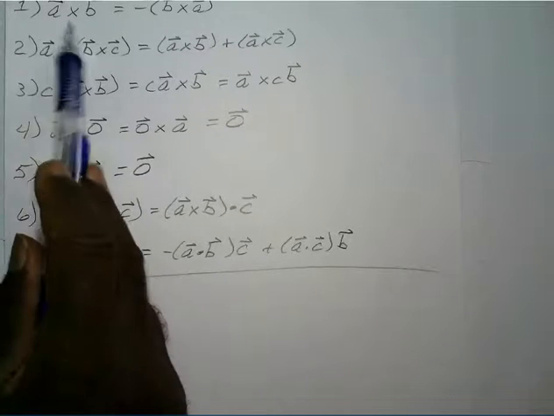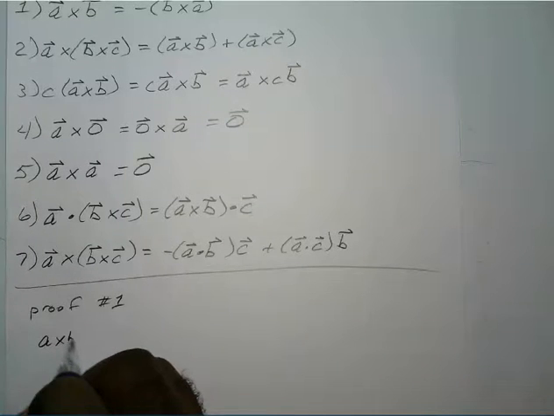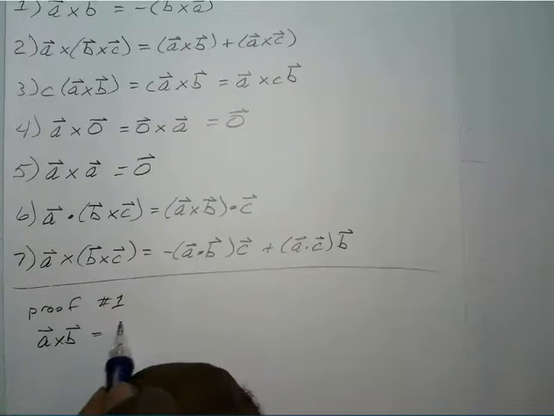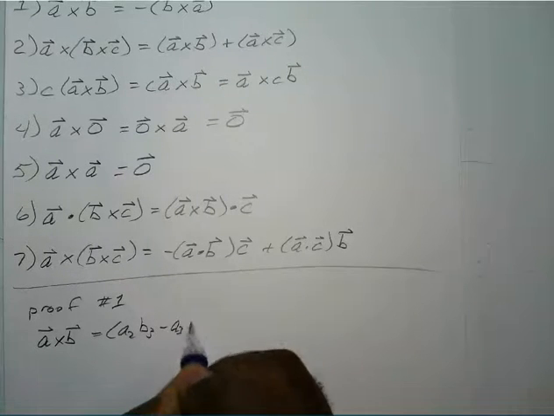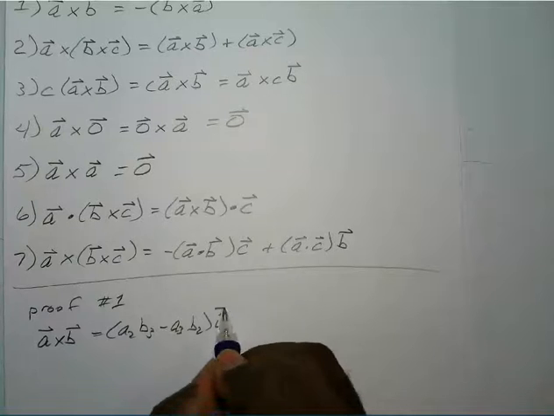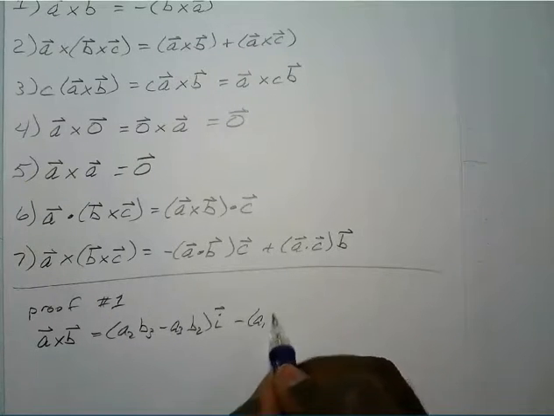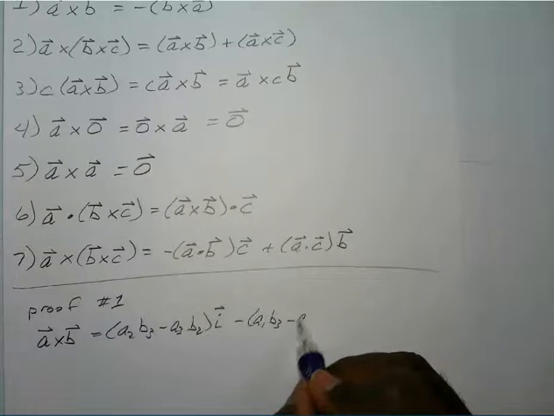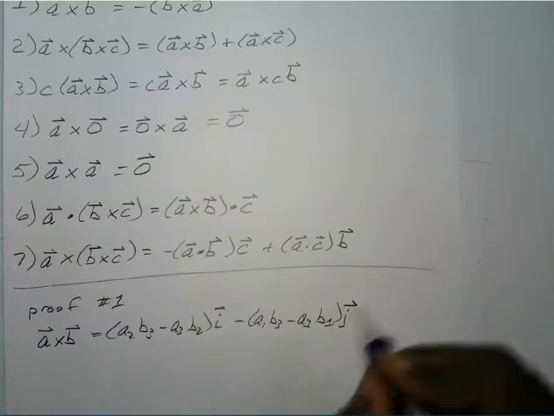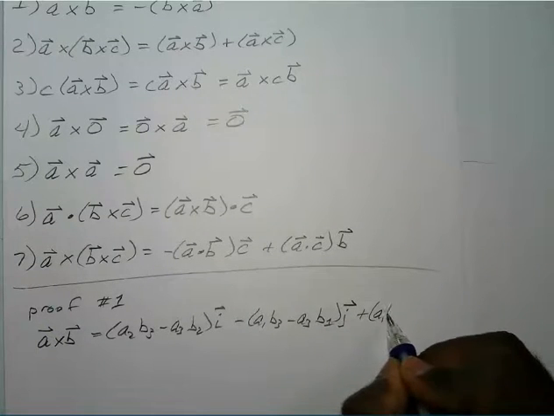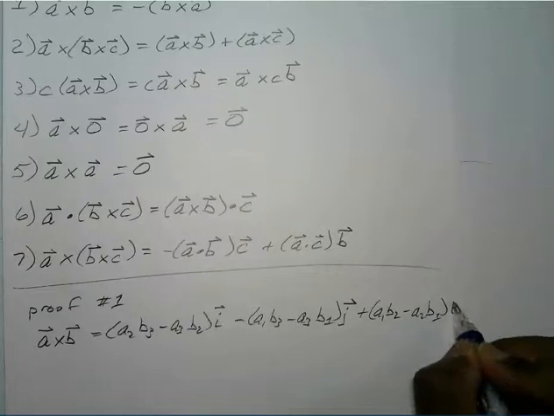If we have our cross product of the A and B vector, we know that that's equal to A2B3 minus A3B2 times the I vector minus A1B3 minus A3B1 times your J unit vector plus A1B2 minus A2B1 times your K unit vector.